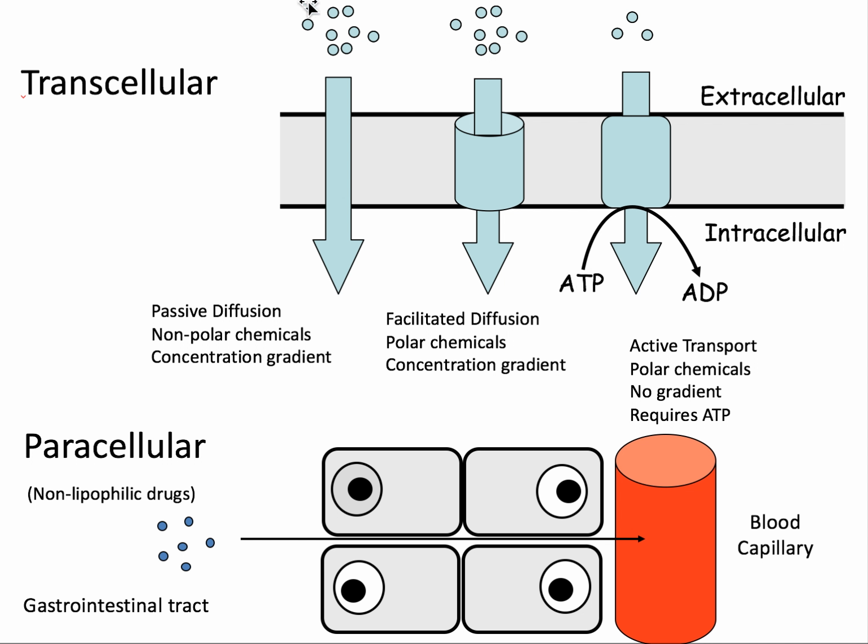So transcellular is basically direct passive diffusion of non-polar chemicals down a concentration gradient. Facilitated diffusion usually involves a carrier protein, but it's also a passive process.